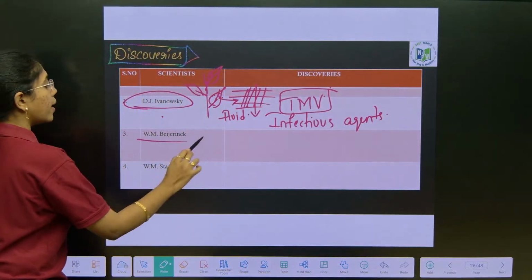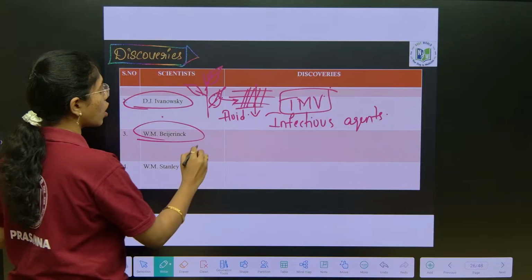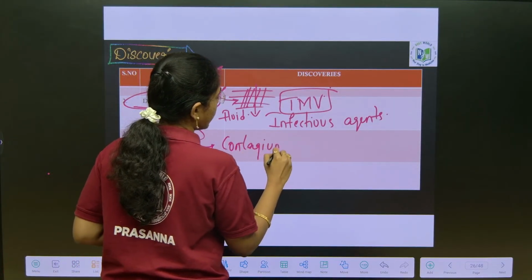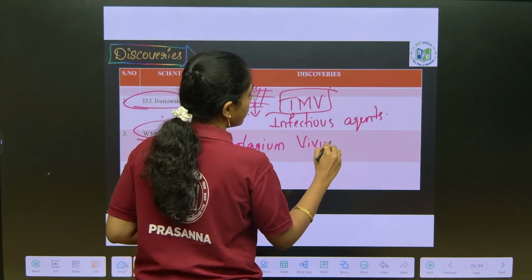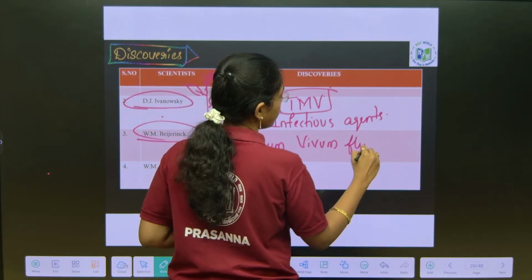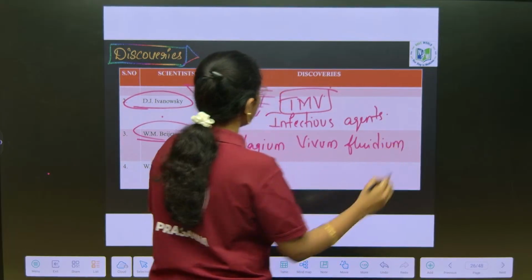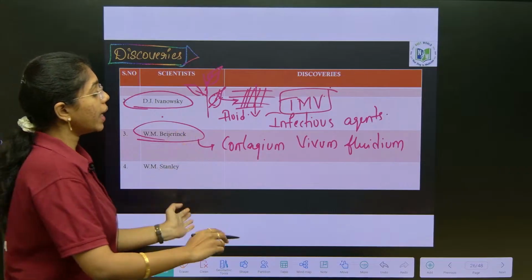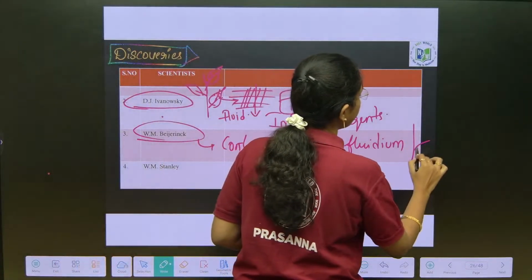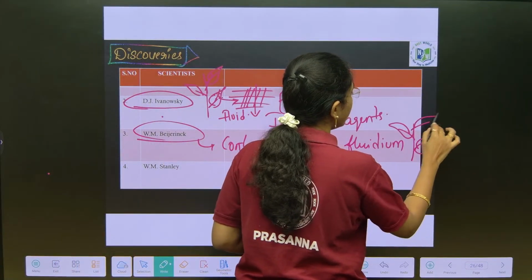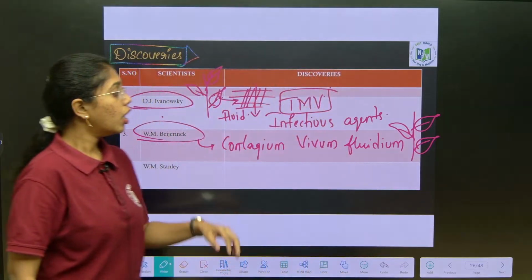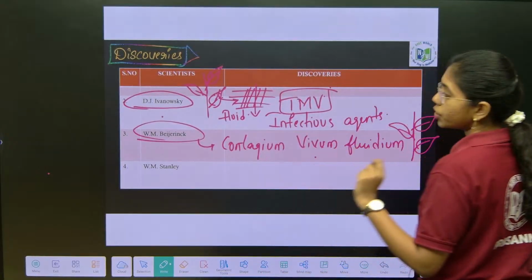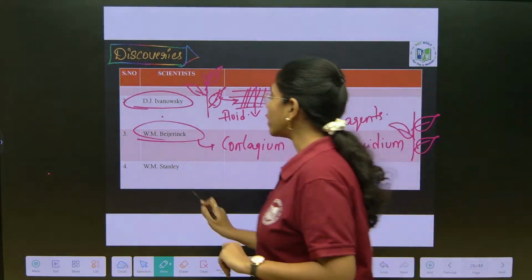Second is W.M. Beijerinck, who gave us the concept of contagium vivum fluidum, which means that those infectious agents which passed through bacterial filter paper can infect the healthy plant as well. They infected the healthy tobacco plant as well. So, as the fluid is infectious, he called it contagium vivum fluidum.